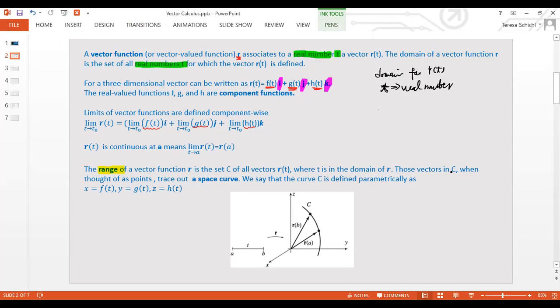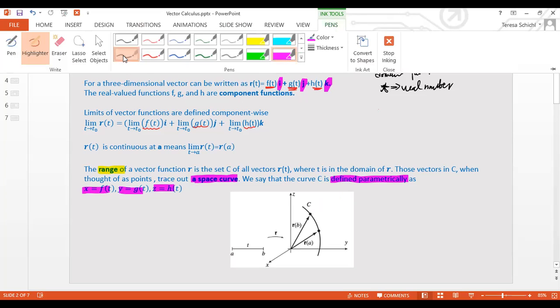Those vectors r(t) in C, when thought of as point tracers, are what is most important here: they trace a space curve. That's why we say the curve C is defined parametrically as x, y, and z.